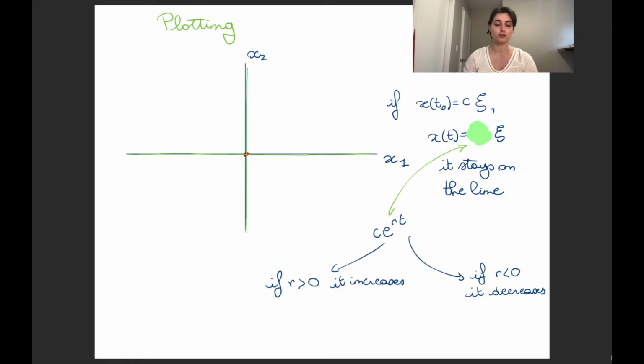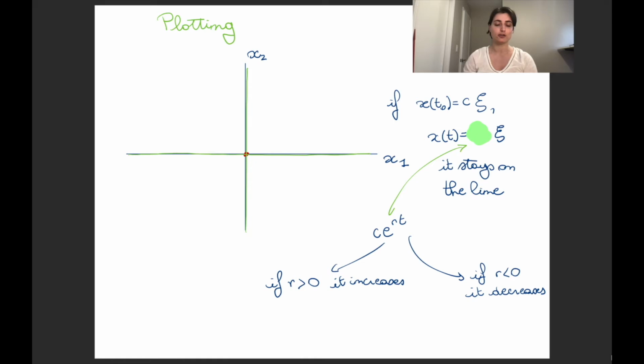And the coefficient in front of the eigenvector is this c multiplied by exponential of rt. So if r is positive, this exponential increases over time. That means you're moving away from the equilibrium. If you start close to the equilibrium, on the right, you're going to be moving more towards the right.